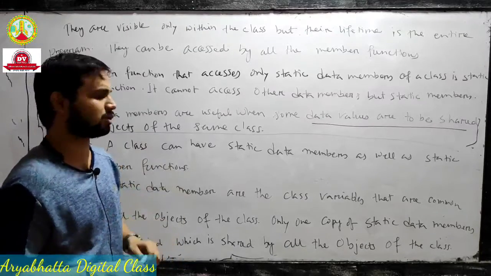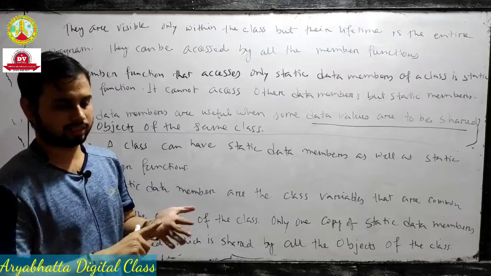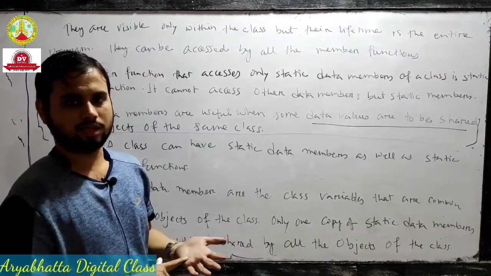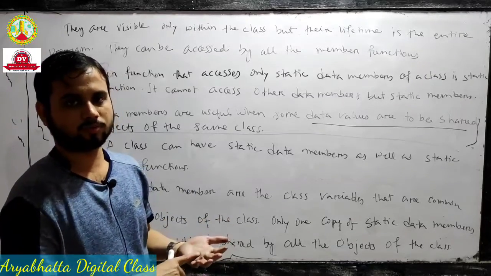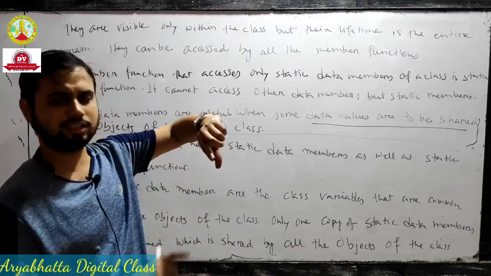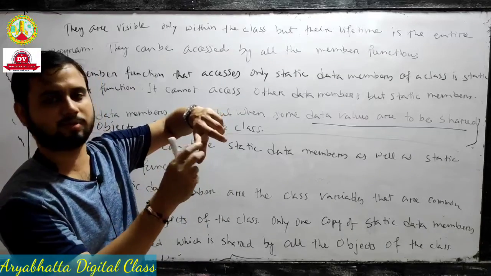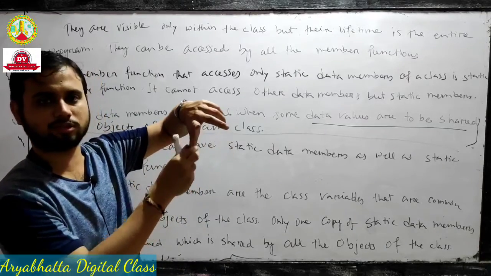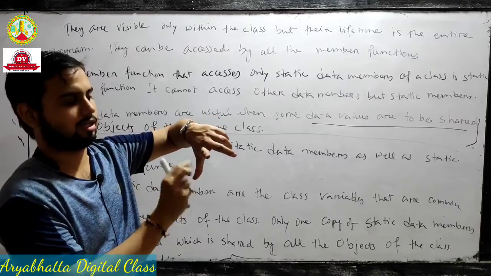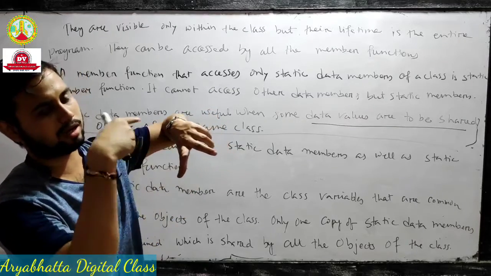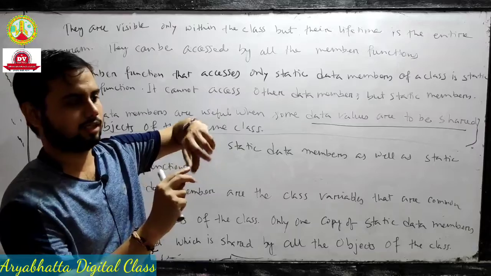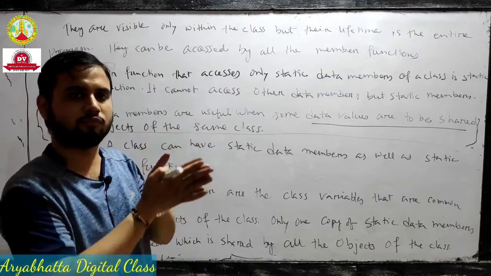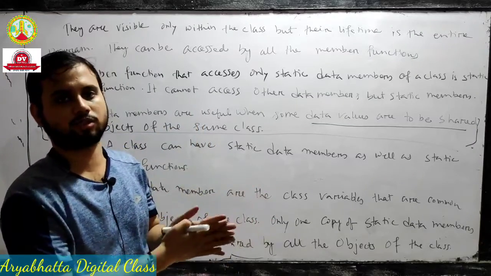For example, suppose the class is X, the static data member is static int count and the member function is static void show. The class is the same for both the data member and the member function.